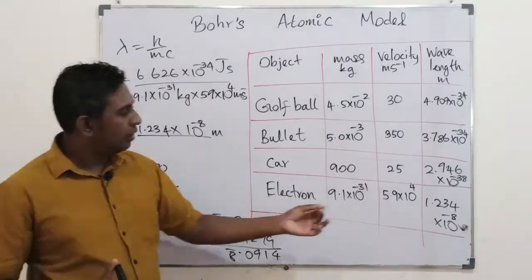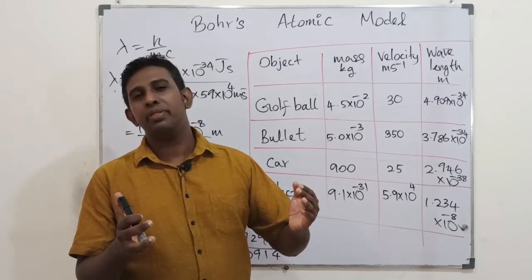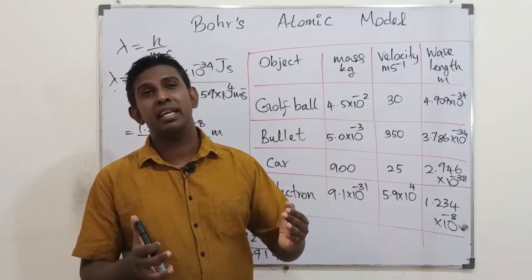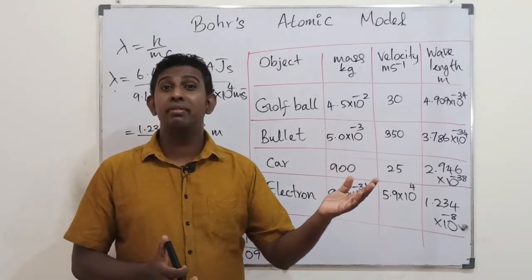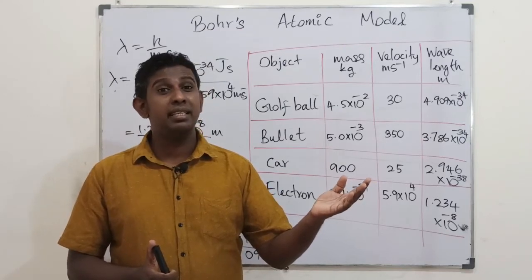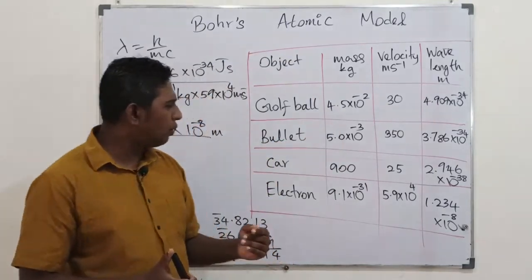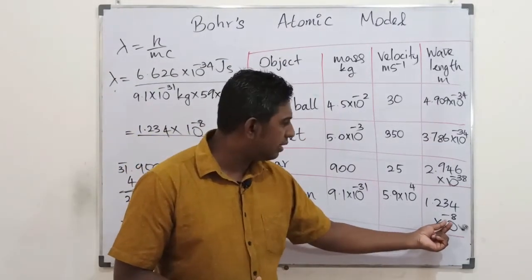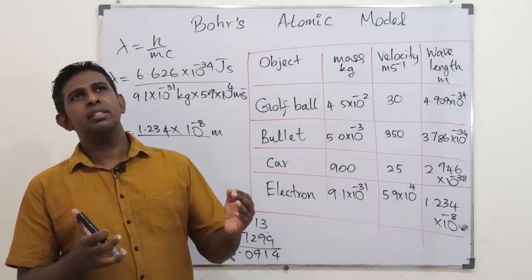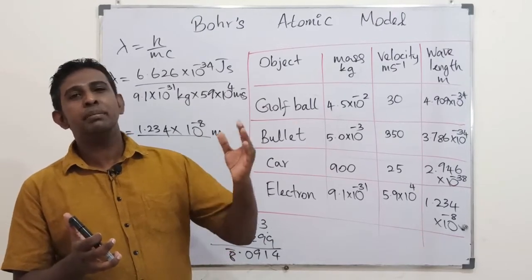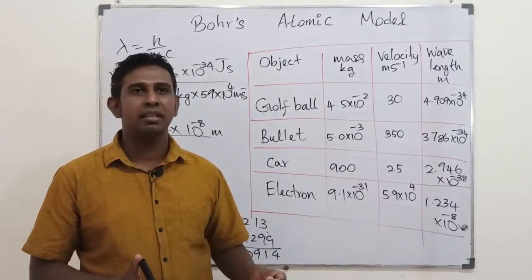Then what about the electron? This is quite a realistic value. Hope you remember the wavelength of electromagnetic radiation. 600 nanometers was the wavelength for a red colored electromagnetic radiation wave, in our earlier sum. Here it is in nanometers, it is 12.34. Though this does not belong to the visible region, you would find this radiation within the UV region.